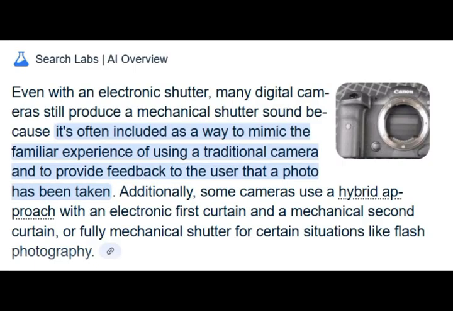Even with an electronic shutter, many digital cameras still produce a mechanical shutter sound, because it's often included as a way to mimic the familiar experience of using a traditional camera, and to provide feedback to the user that a photo has been taken.